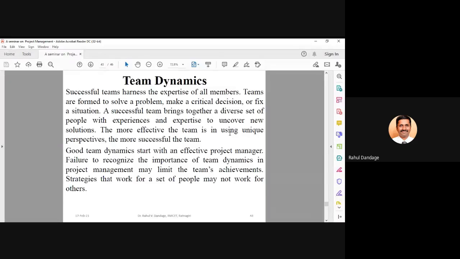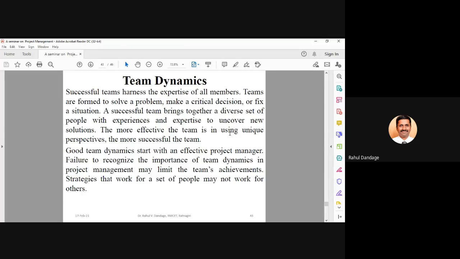So we need to understand the team dynamics and try to apply the strategies separately based upon the skills, traits, and behavior of each individual team member. That is another responsibility of the project manager: to understand this team dynamics.